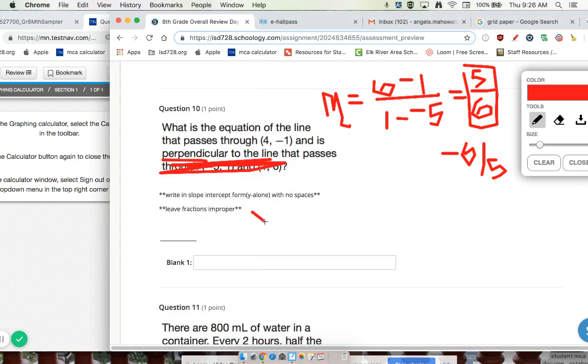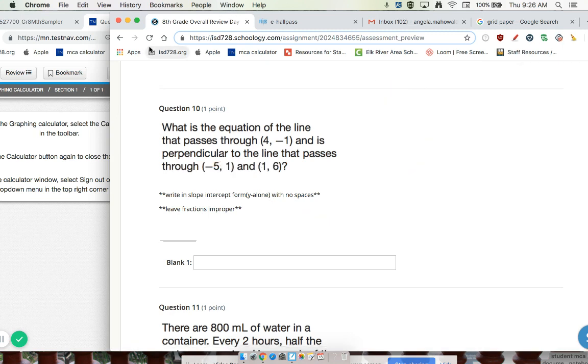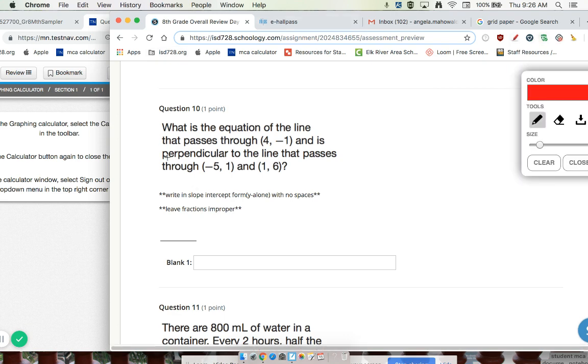So y minus negative 1, so that's a plus, equals your slope, negative 6 over 5, parentheses, x minus... I'm going to start this over. I have negative 6/5 as my slope.